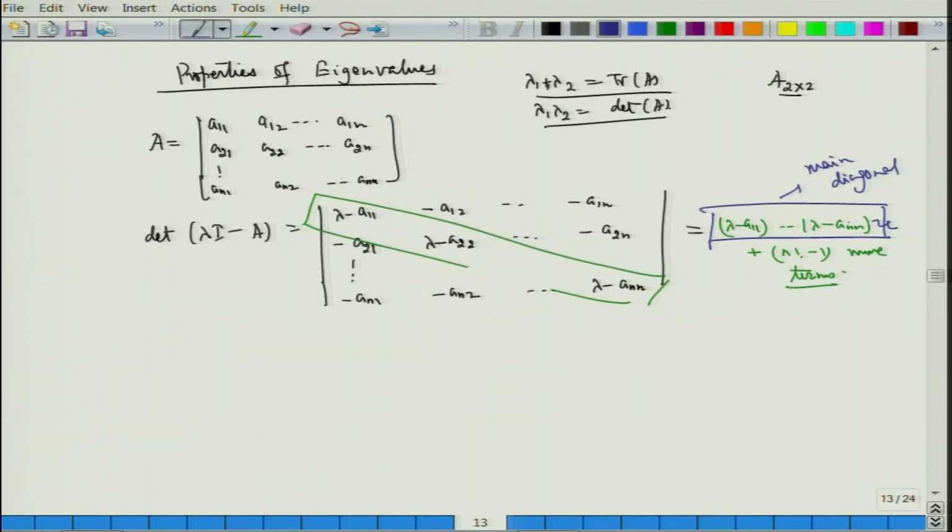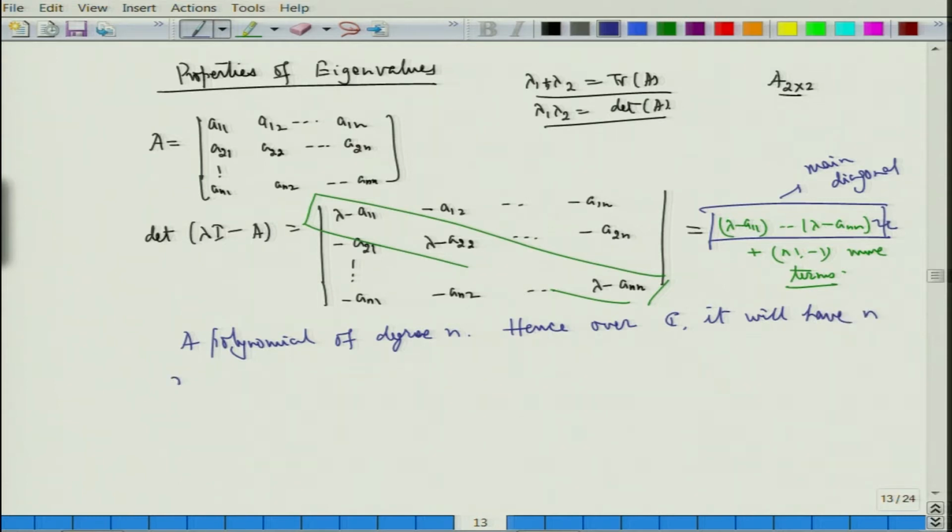Fine. So, a polynomial of degree n, hence over complex numbers, hence over C, it will have n roots, say lambda 1, lambda 2, lambda n. Fine.